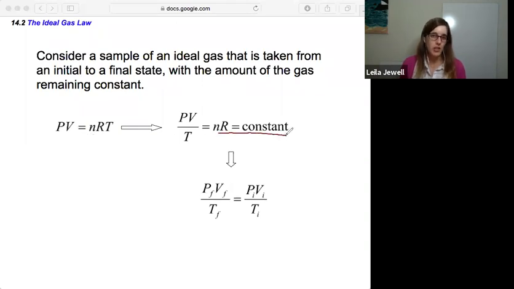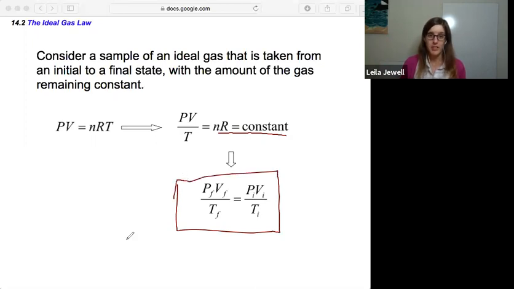That would not change, whether it's in the initial or final state. If something's equal to a constant, that means everything else, PV over T, must be conserved. The pressure times the volume divided by the temperature at the initial state must be equal to the pressure times volume divided by temperature in the final state. That's what this equation says.